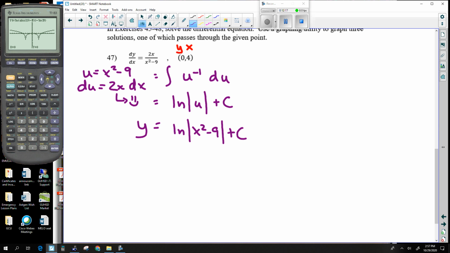This is true, but the y value is 0 and the x value is 4. So this is the ln of 16 minus 9.